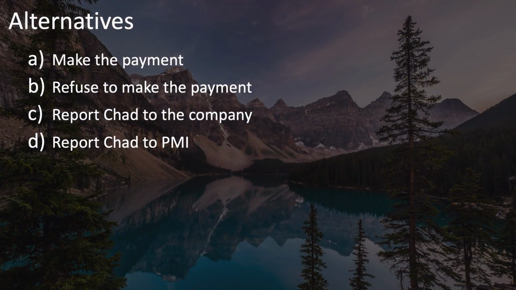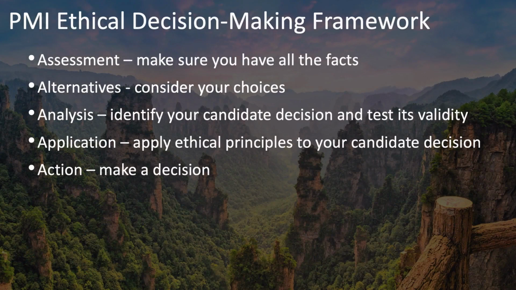Without taking the framework into consideration, you might immediately come up with a few alternatives, such as go ahead and make the payment, or refuse to make the payment. You might also consider reporting Chad to the company, or even to PMI. However, before we make such an important decision, let's go through PMI's ethical decision-making framework.